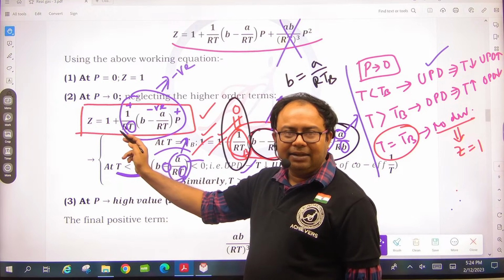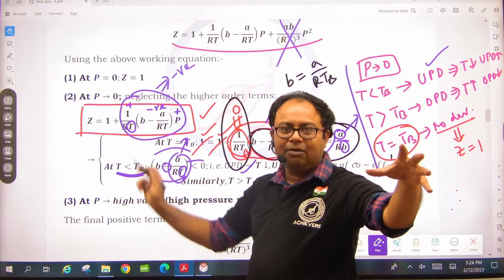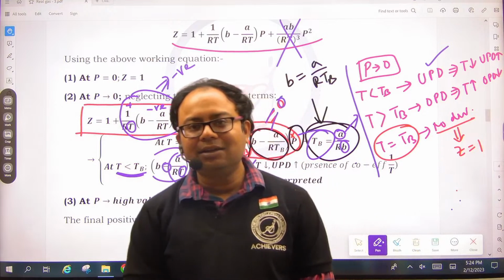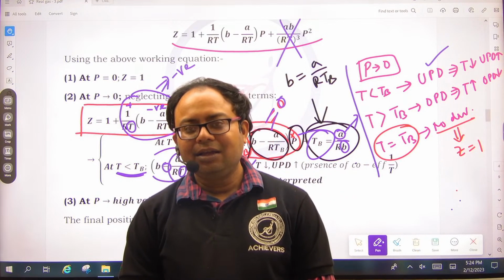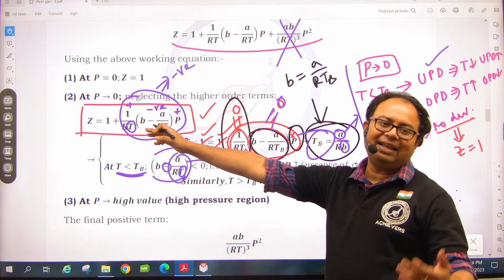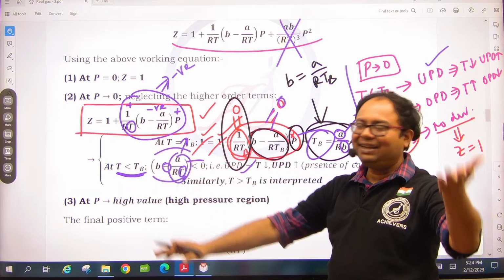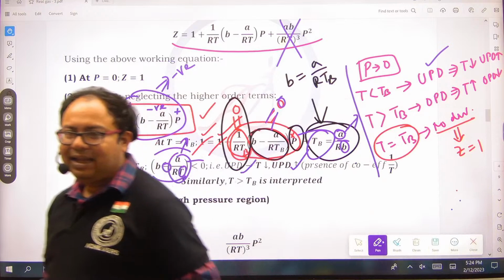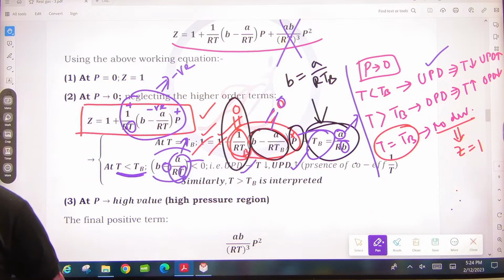If 1 by T increases, then you are multiplying a greater term with a negative term, so the negative term will further increase. Okay? So if it becomes more negative, then the extent of UPD will also increase. So, with lowering of temperature, the extent of UPD increases.